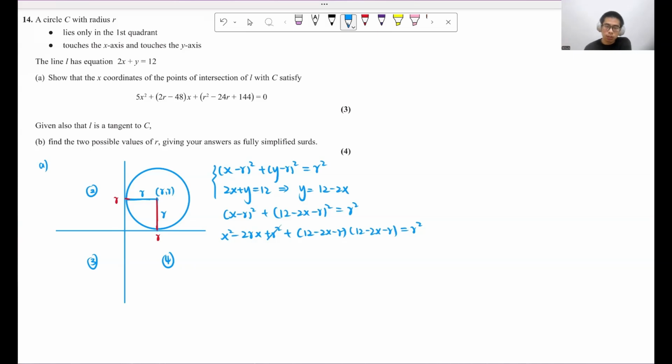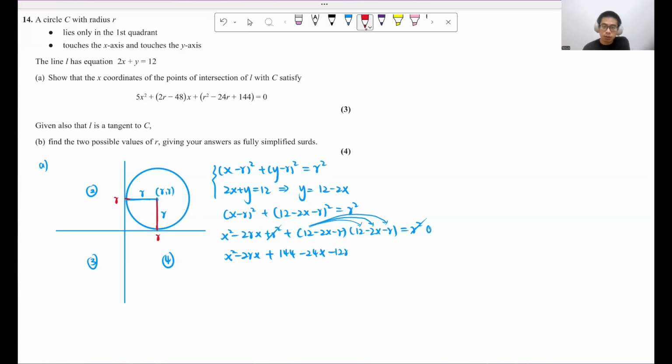Straight away, r squared on both sides will cancel out. So x squared minus 2rx equals, multiplying them out: 12 times 12 is 144, 12 times negative 2x is negative 24x, and 12 times negative r is negative 12r.